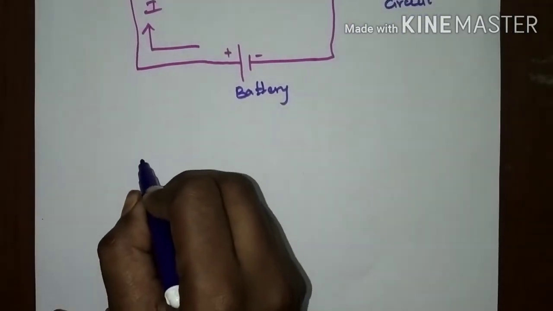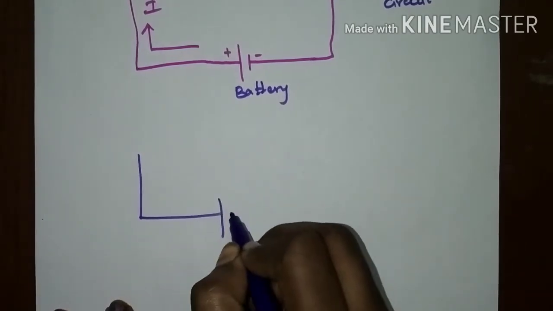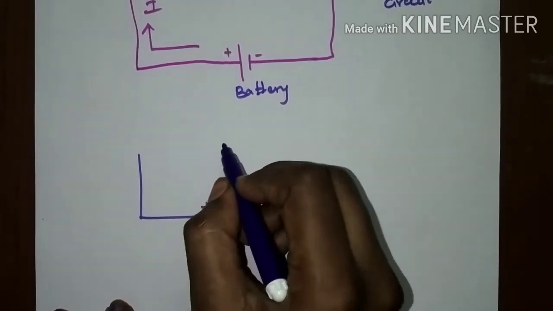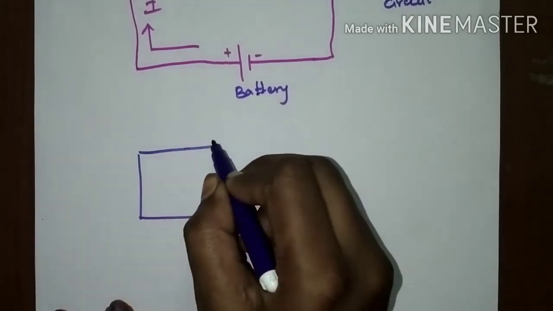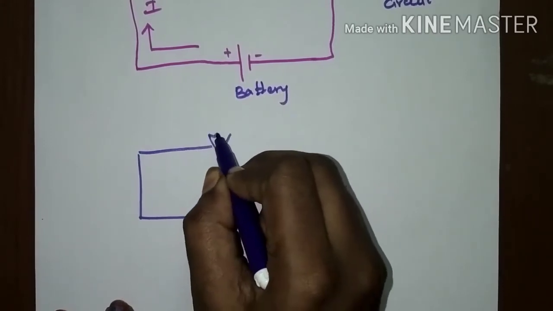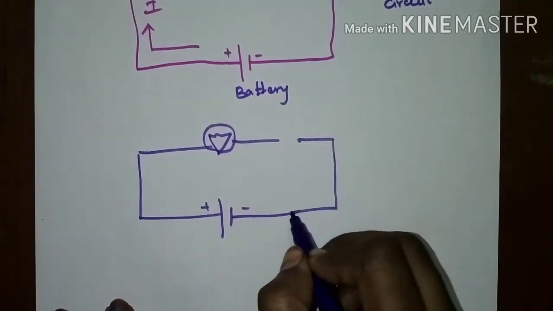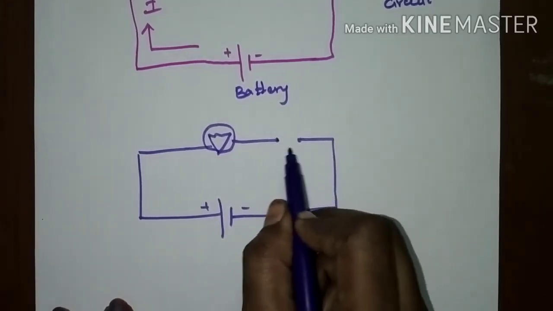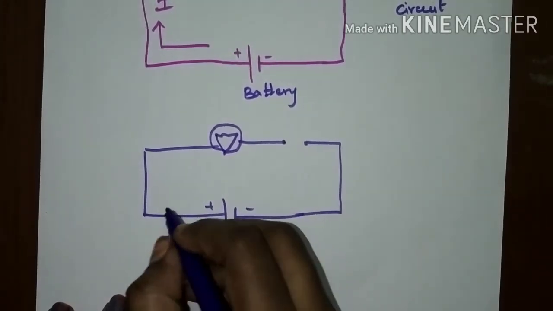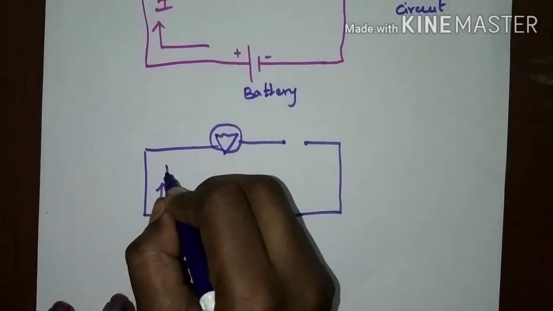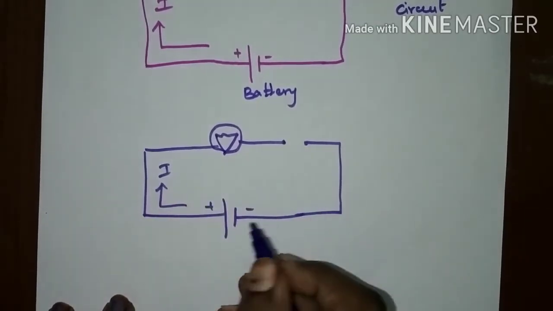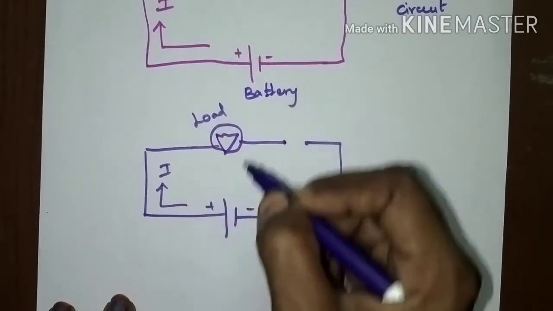Assume you are connecting a battery again to a load, and the path is not closed since it has been broken somewhere. Conventionally, the current will flow from the positive terminal to the negative terminal, crossing the load.